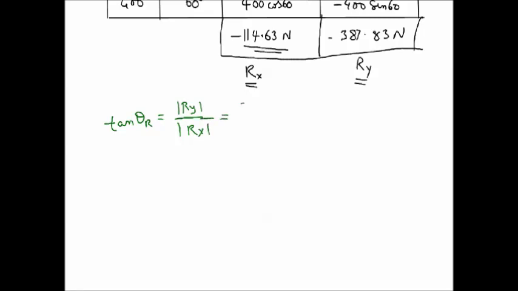So this you can find as 387.83 divided by 114.63, which will give you a value of 3.38, and then taking the inverse tangent, you can find this theta r to be 73.83 degrees.